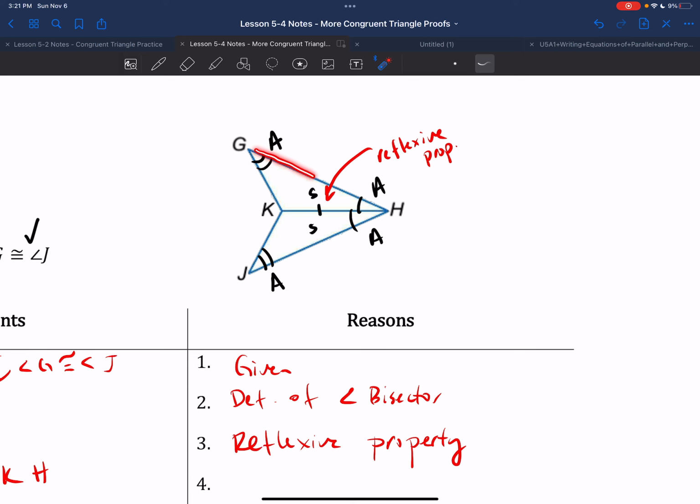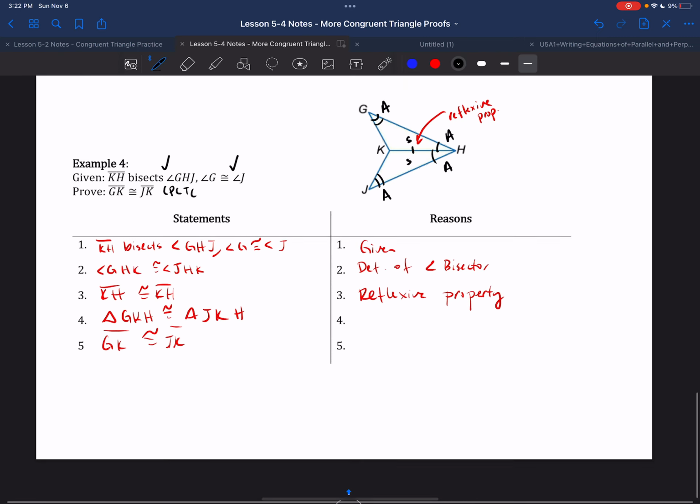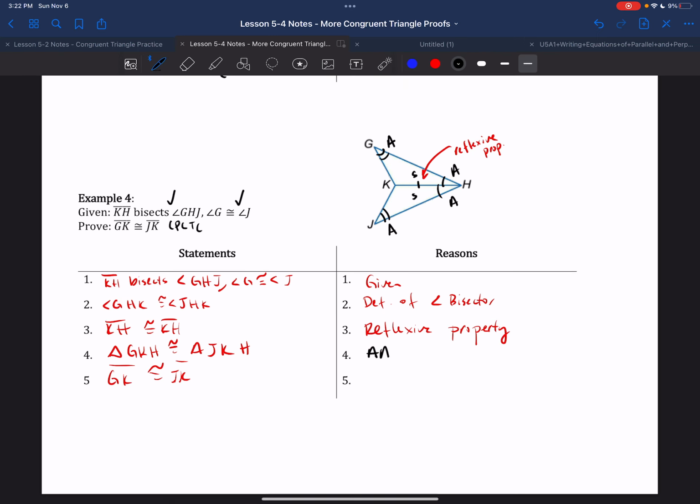Angle, still on the same line. Angle, still on the same line. And then the side is right after that. So that's angle, angle, side. Let's take a look at the other triangle. I have an angle here, an angle here, still on the same line, and then right after that is my side. So these 2 triangles are congruent because of the AAS postulate.